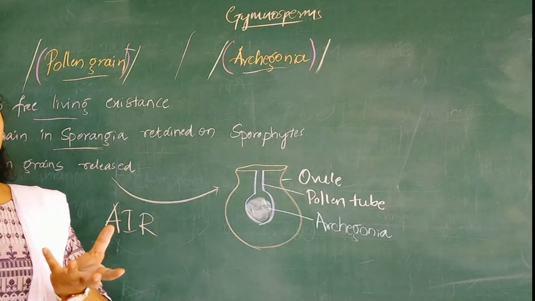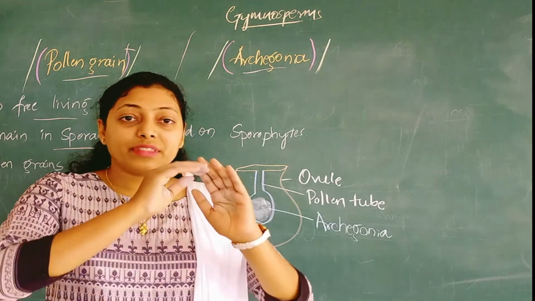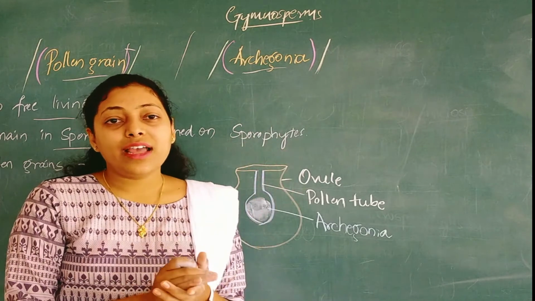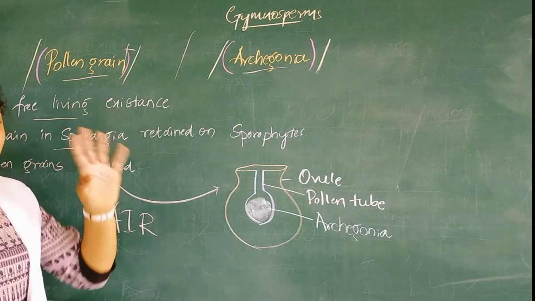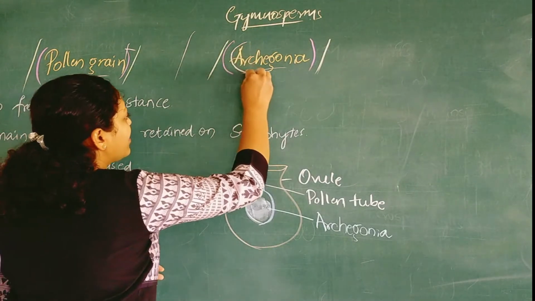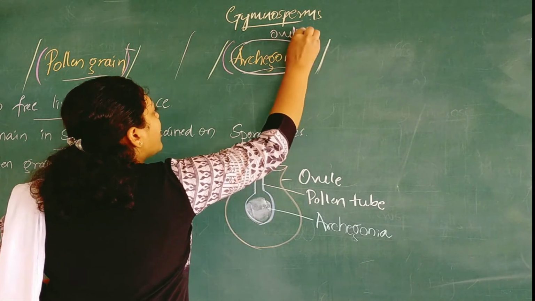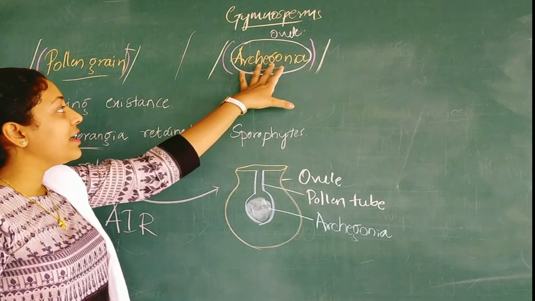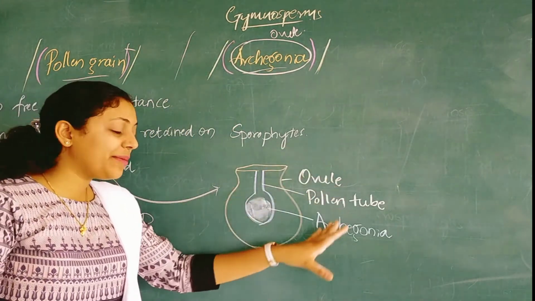Okay, when the pollen reaches the female plant, we know the reproductive structures are Archegonia, covered by macrosporangia and retained on the macrosporophyll. But the Archegonia itself is covered under a structure called the ovule. In my notes, I have simplified this to you in a diagrammatic way.